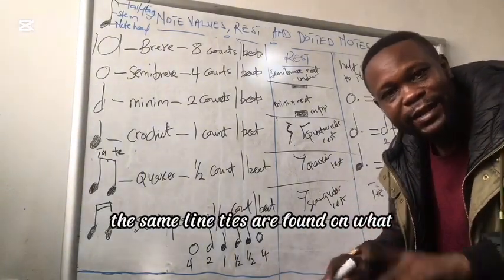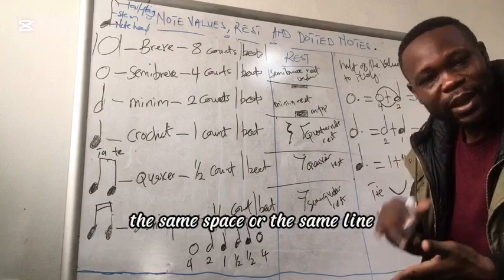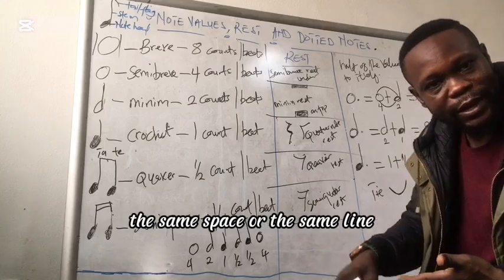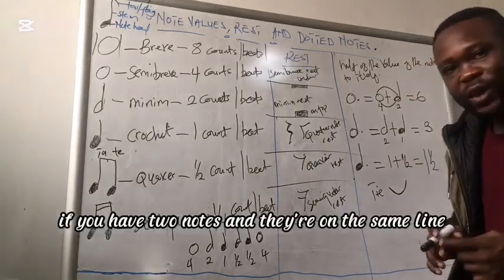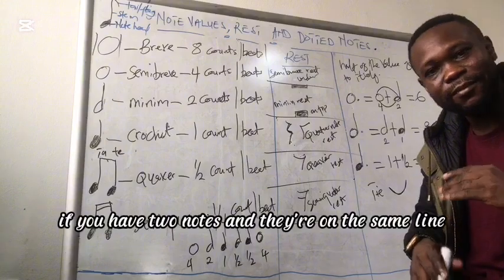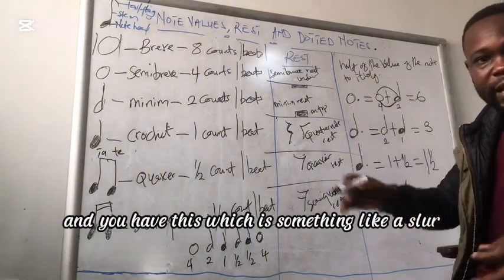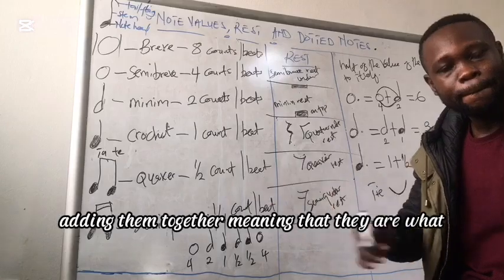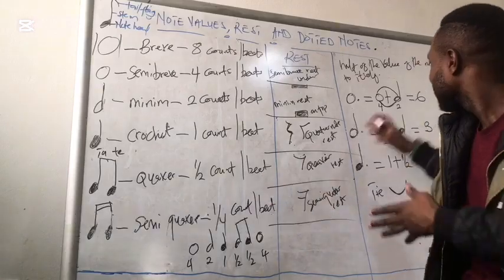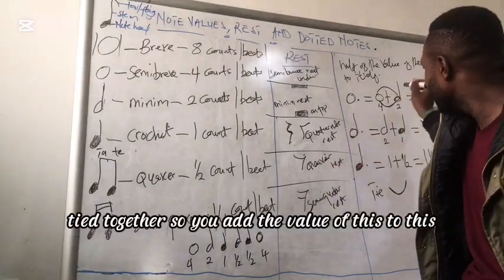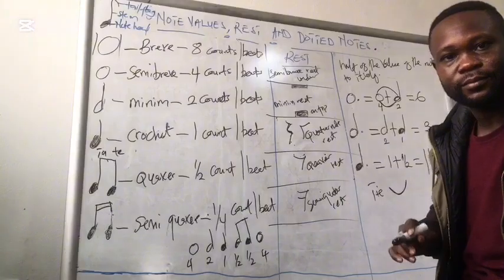The same line. Ties are found on the same space or the same line. If you have two notes on the same line and you have this, which is something like a curve, adding them together, meaning that they are what? Tied together. So you add the value of this to this.